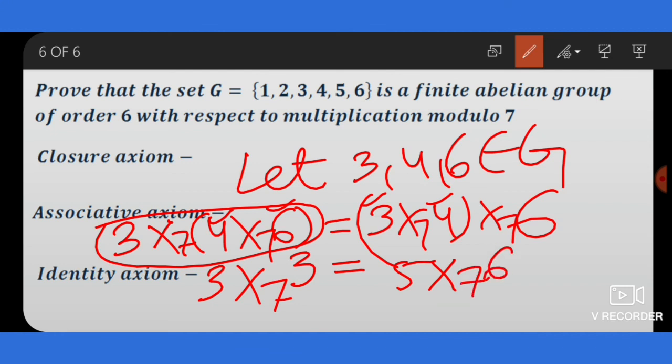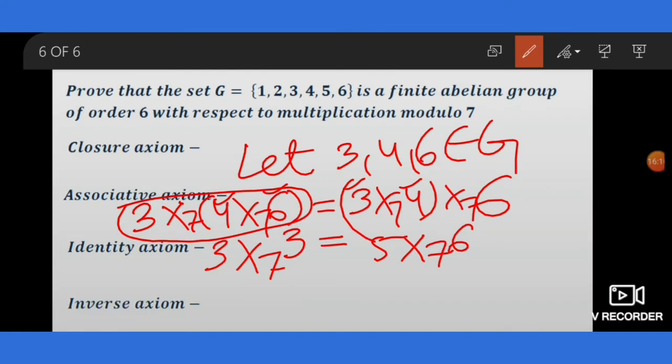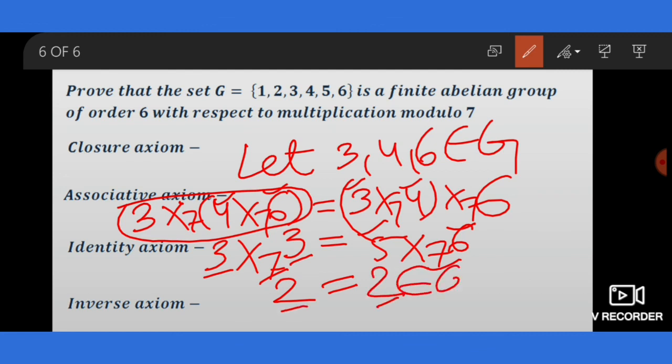Now 3 into 3 is 9 divided by 7, remainder 2, equals 5 into 6 equals 30 divided by 7, remainder 2. 2 also belongs to G, for all 3, 4, 6 belonging to G. Now associative axioms are satisfied.